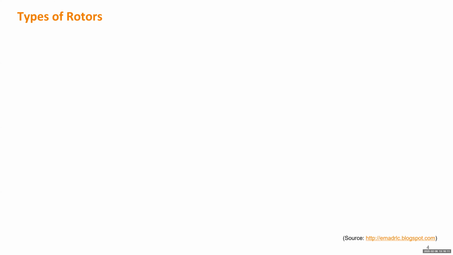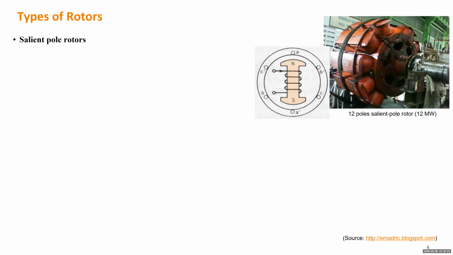So let's show some pictures of the two types of rotors, and we can explain how they are utilized in real-world generators. For the salient pole rotor generator, this picture shows a salient pole rotor which has not been installed into the stator, but you can tell it has 12 poles, compared to the earlier picture with only 2 poles.